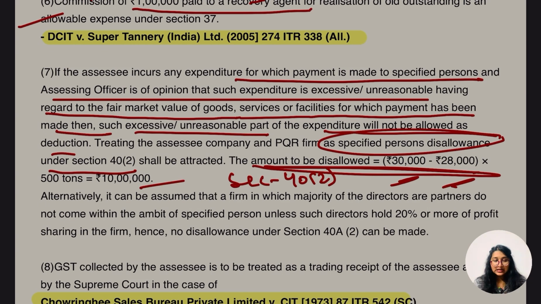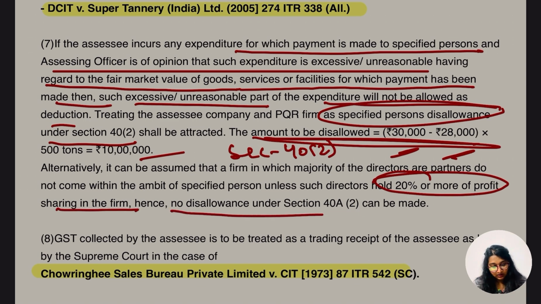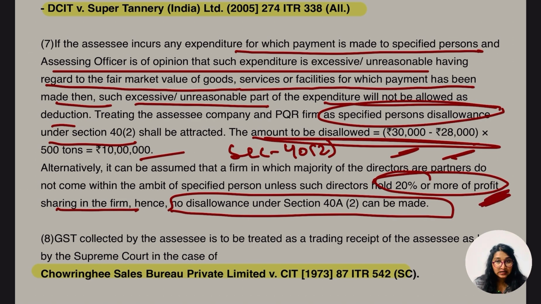That is 10 lakh. Alternatively, as the second option, it can be assumed that the firm in which majority of the directors are partners does not come within the ambit of specified person unless such directors hold 20% or more of the profit sharing in the firm. In that case, no disallowance would be made as per section 40A subsection 2, okay. But there is one specification: the directors, the partners, do not come within the ambit of specified person unless such a director holds 20% or more of the profit sharing in the firm, then only.